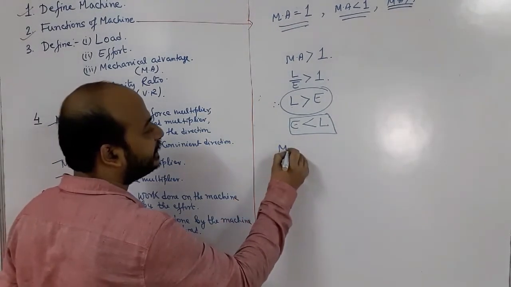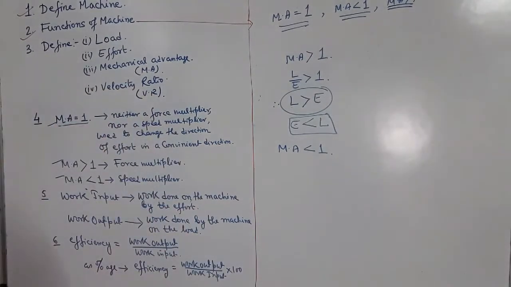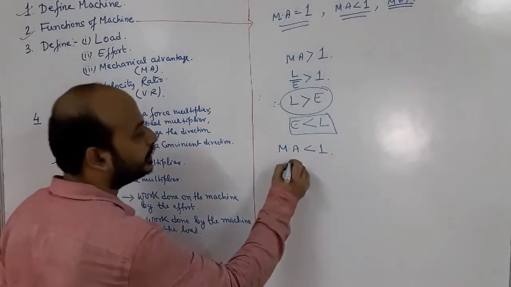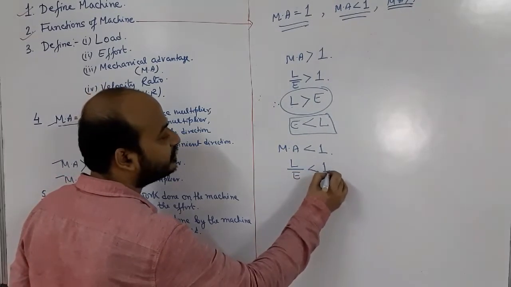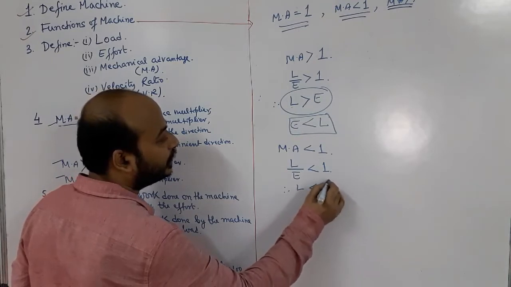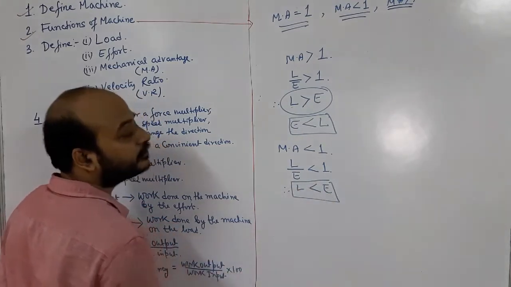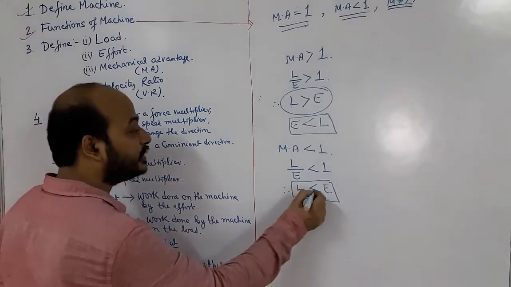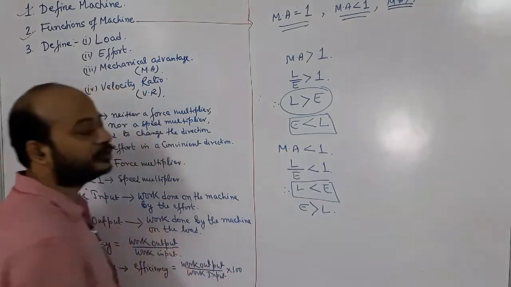Similarly, if mechanical advantage is less than 1, the machine acts as a speed multiplier. Now if load by effort is less than 1, that means the load is less than effort, so effort is greater than the load.